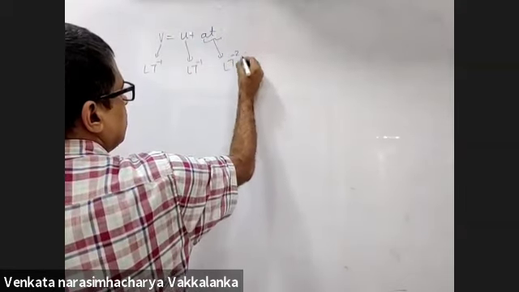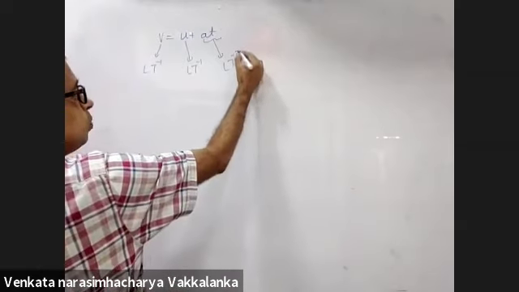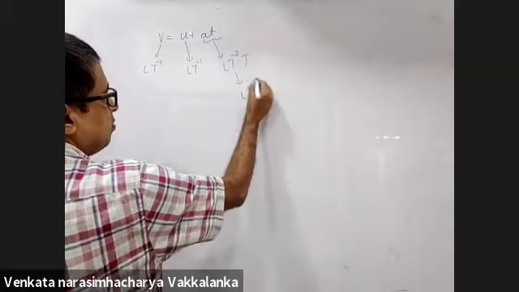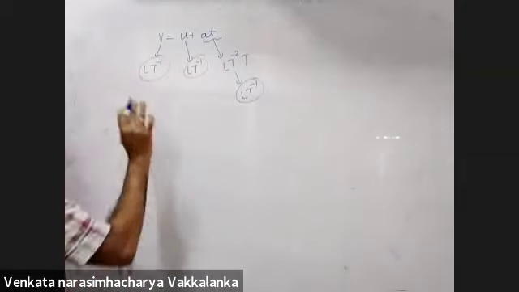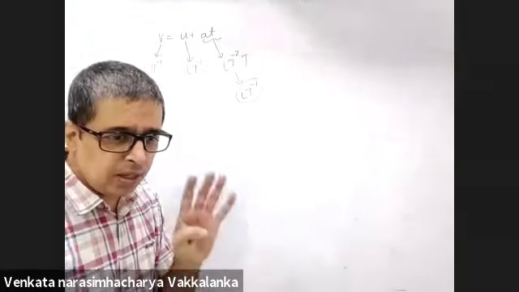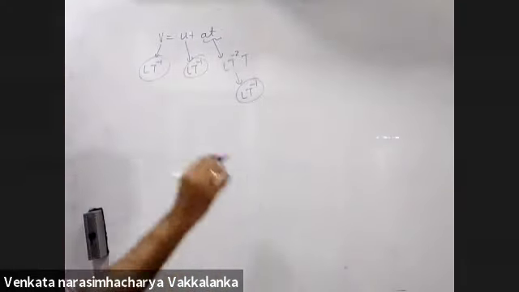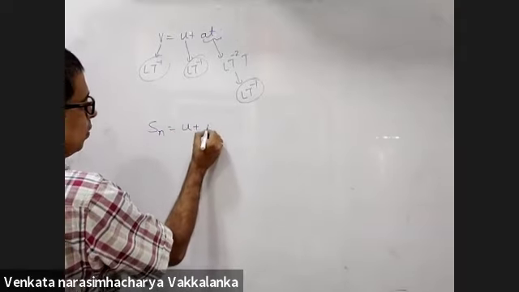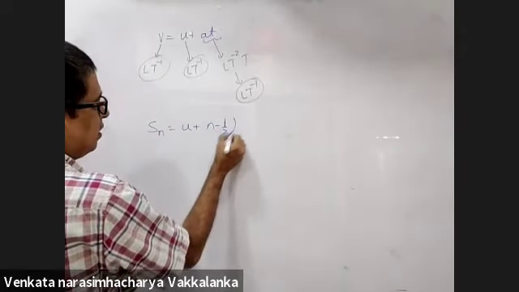L T to the power minus 1 plus L T to the power minus 2 into T. This also turns out to be L T to the power minus 1. This is called verifying an equation dimensionally. Right? Every equation that we know should be dimensionally valid. Sometimes students complain about Sn is U plus n minus half into A.